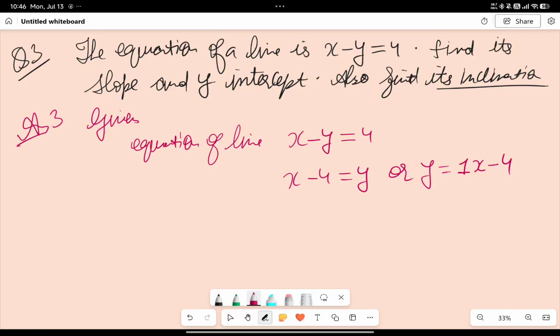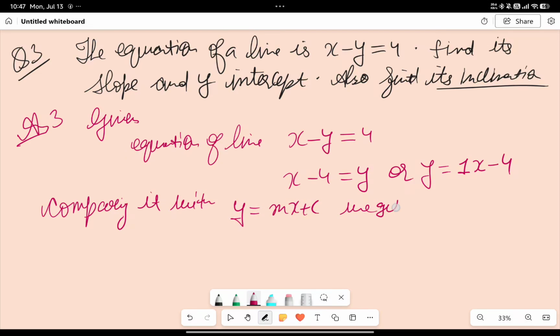Now comparing it with y equal to mx plus c, we can write directly, m is 1 and c is minus 4.